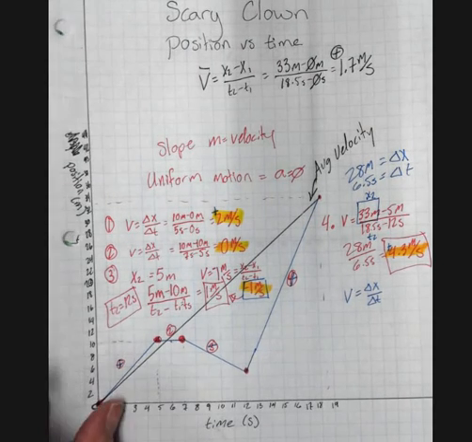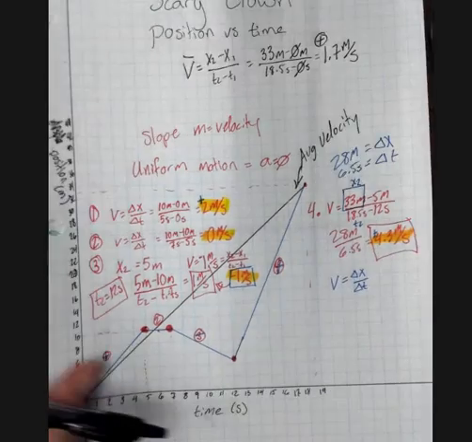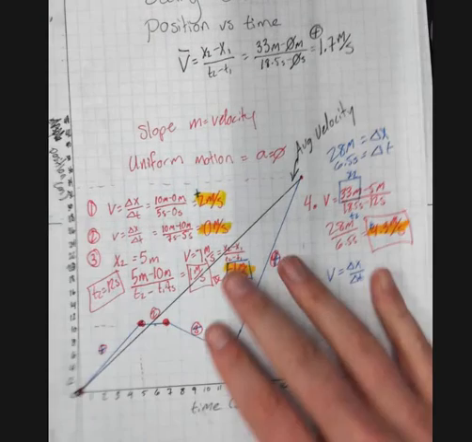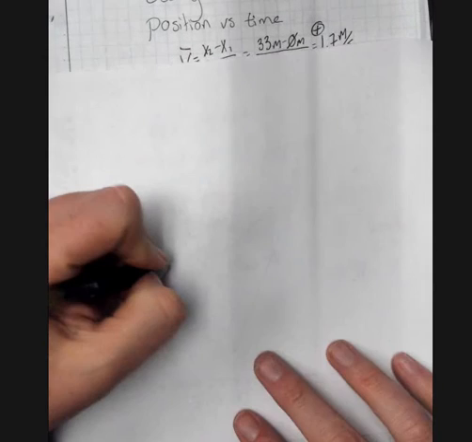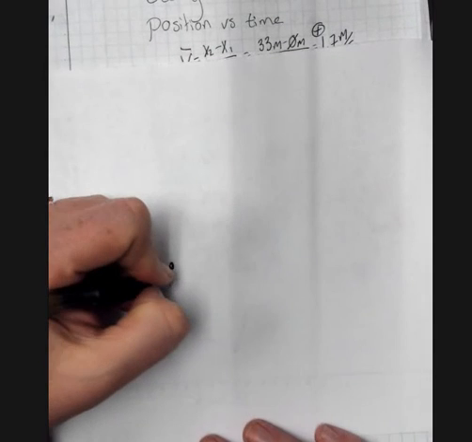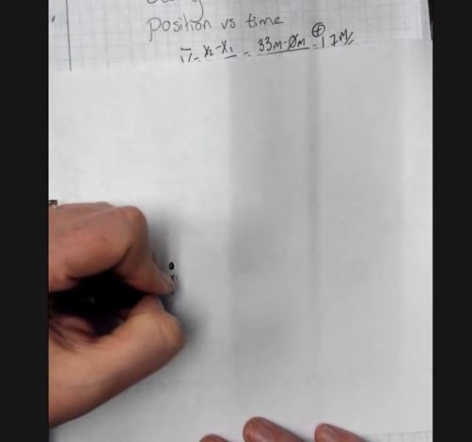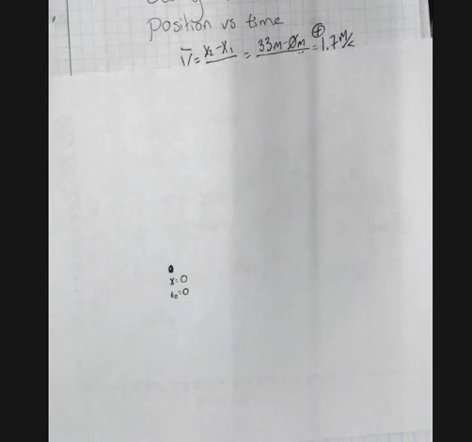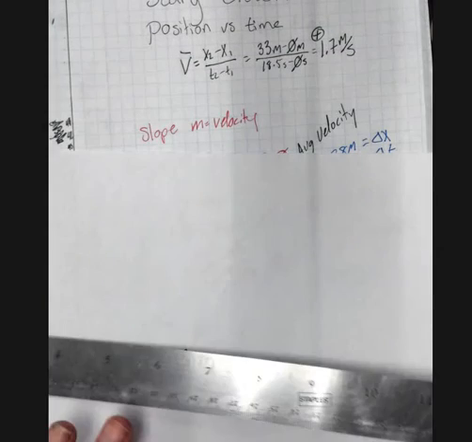In fact, if our scary clown had started right here, and we'll say that that time 0 is and position is 0, and we set our x-axis like this, which actually happens on a pretty regular basis.